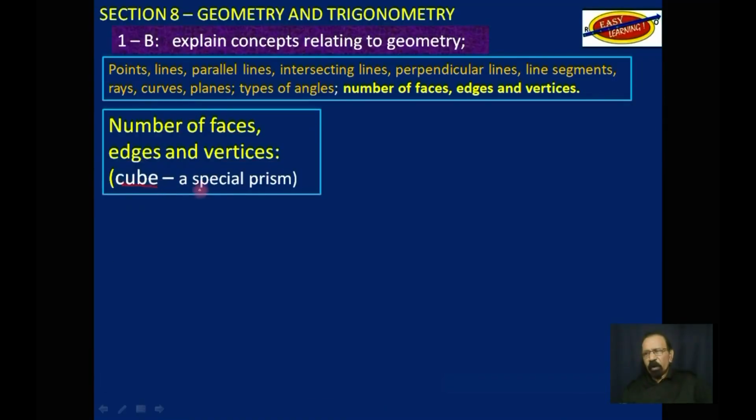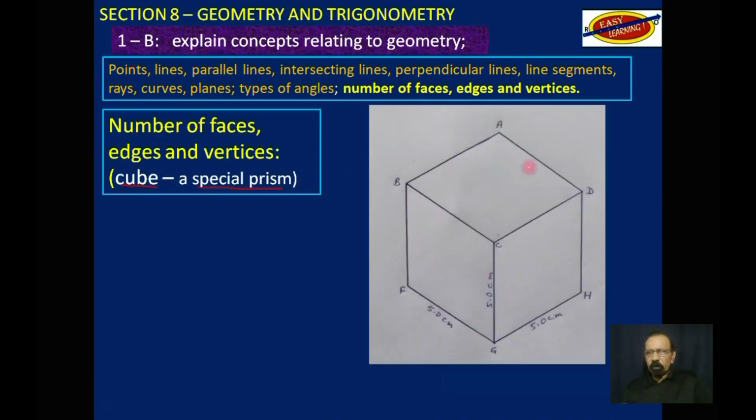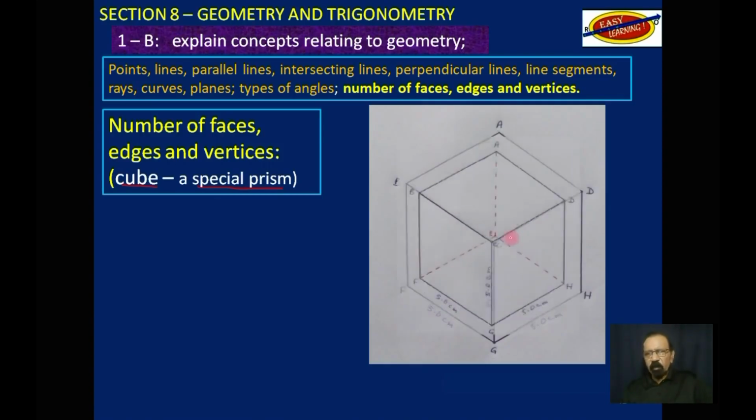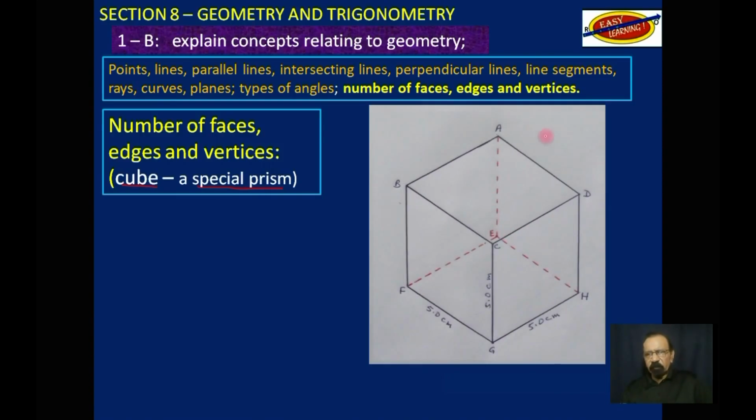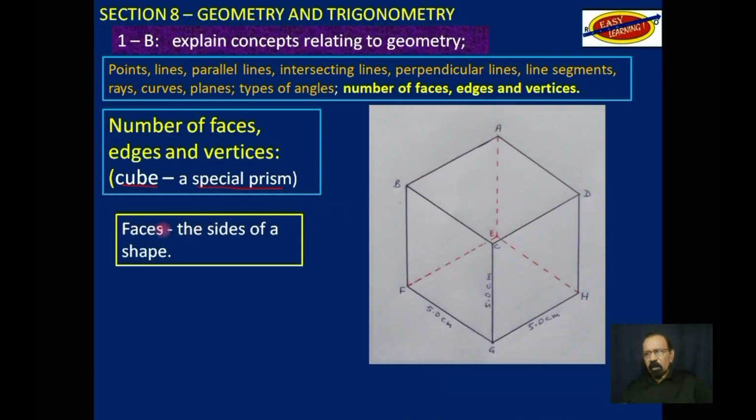Now let's deal with a cube. A cube is a special type of prism. Cube, cuboid, and rectangular prism, they basically follow the same pattern. So a cube looks like this. All sides are equal. This is the transparent version. How many faces does it have?